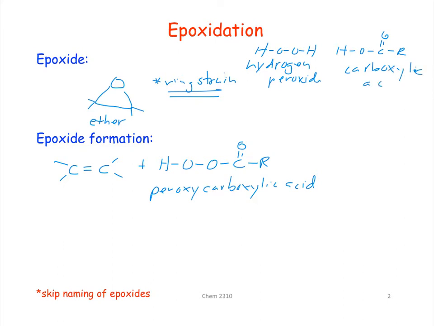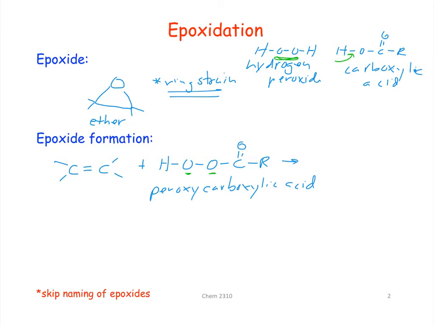So what we've done is we've kind of taken this peroxide bond and we've added another oxygen into the carboxylic acid to form this peroxycarboxylic acid. We have these two oxygens.